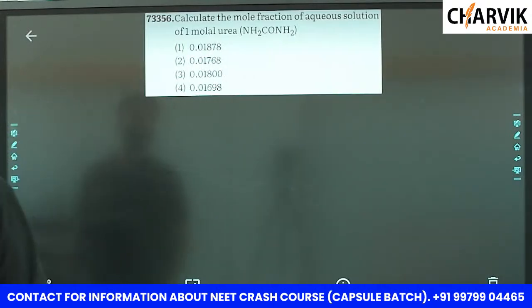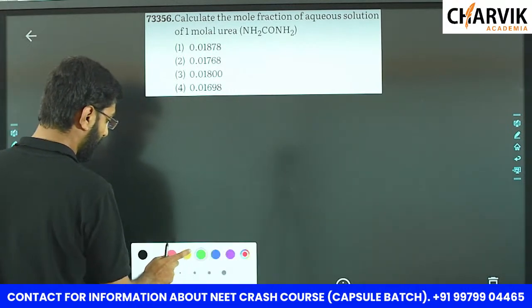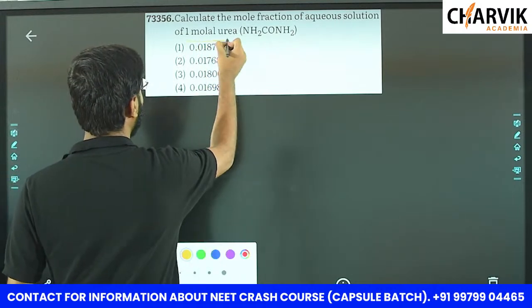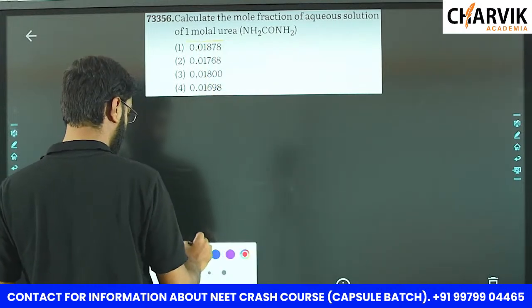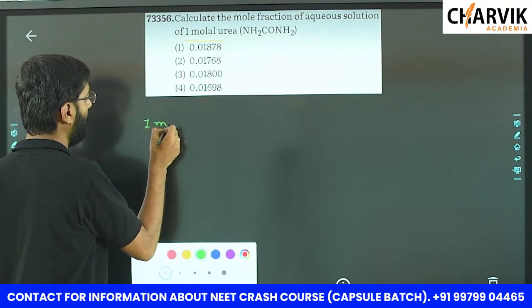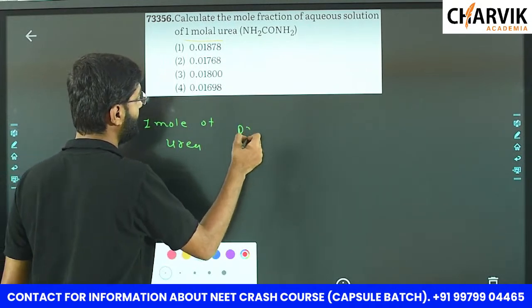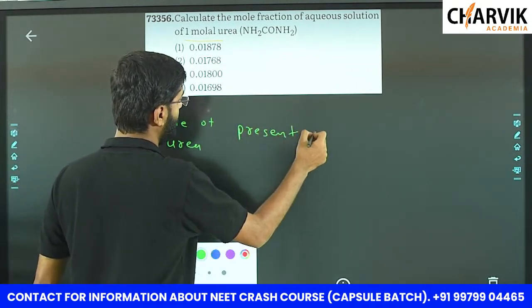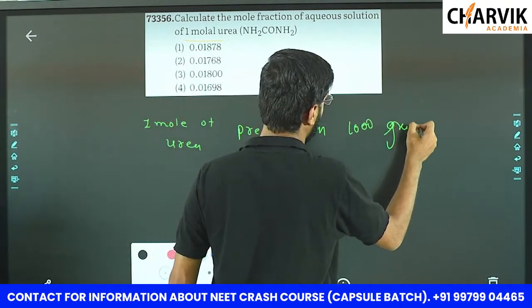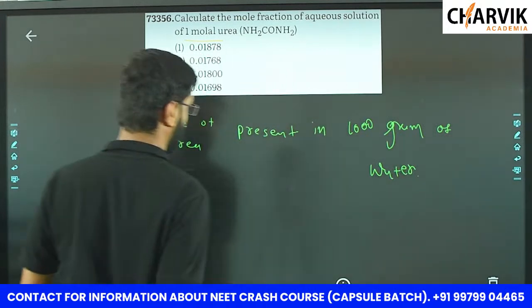Okay. Calculate the mole fraction of urea in an aqueous solution of 1 molal urea. Now friends, you must know the meaning of molality. What is the meaning of molality? Molality means 1 mole of urea present in 1000 gram of water, right?